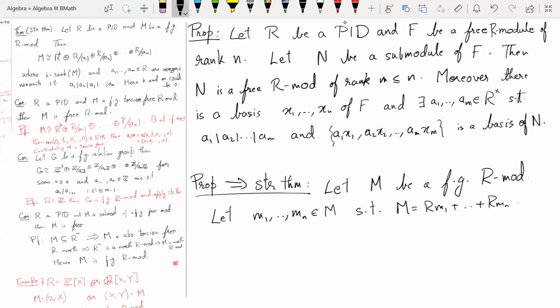In such a scenario, you can find a free module of rank n which will surject onto M. This implies there exists phi from F to M, sending ei to mi, where F is a free module of rank n.